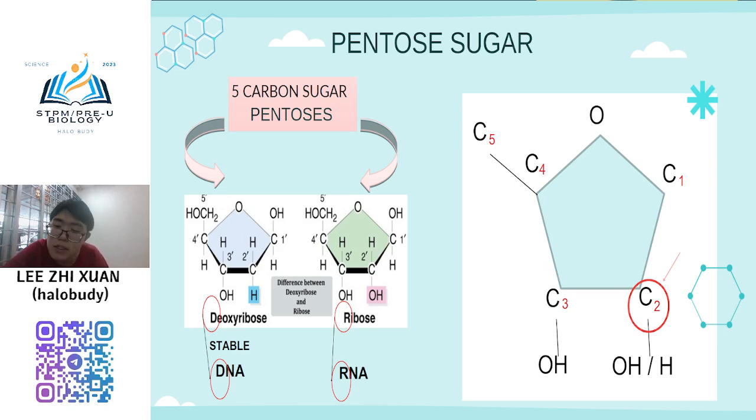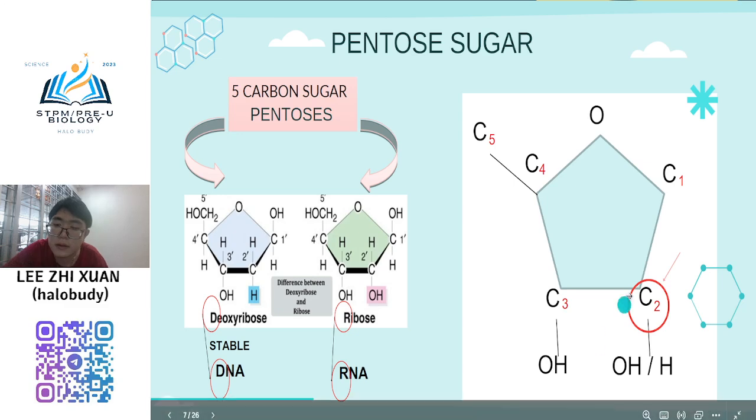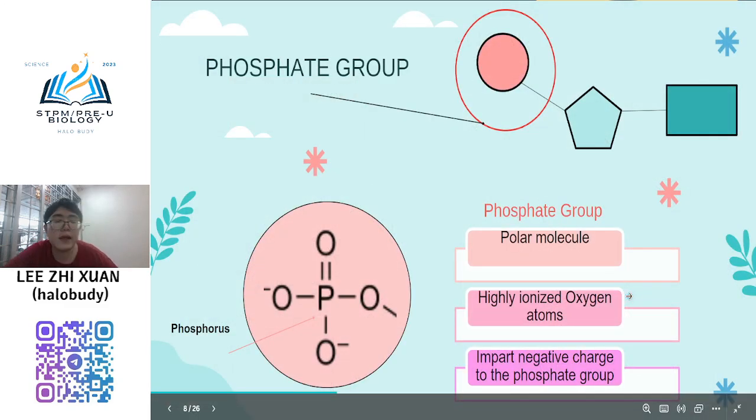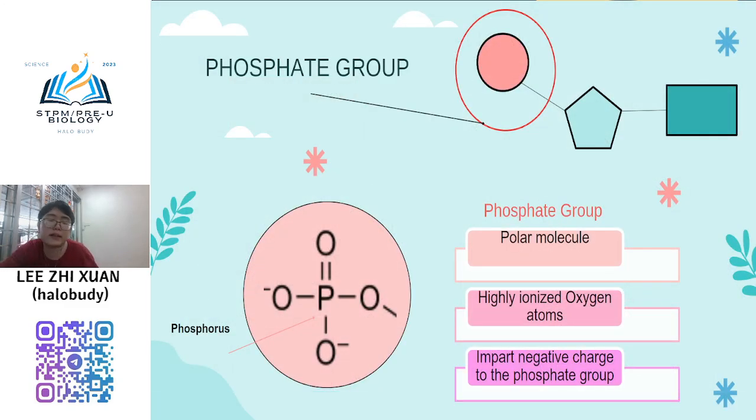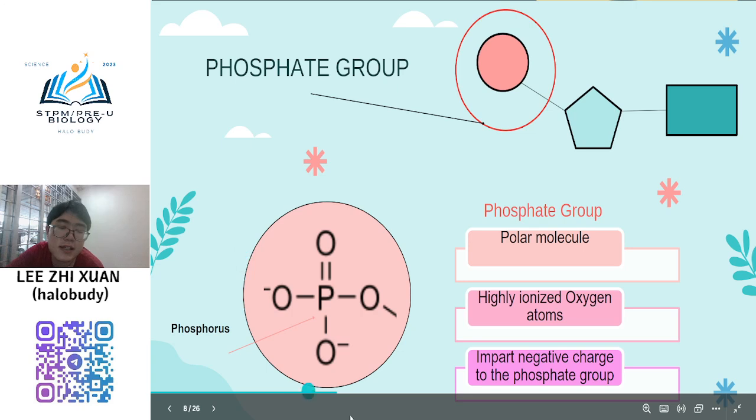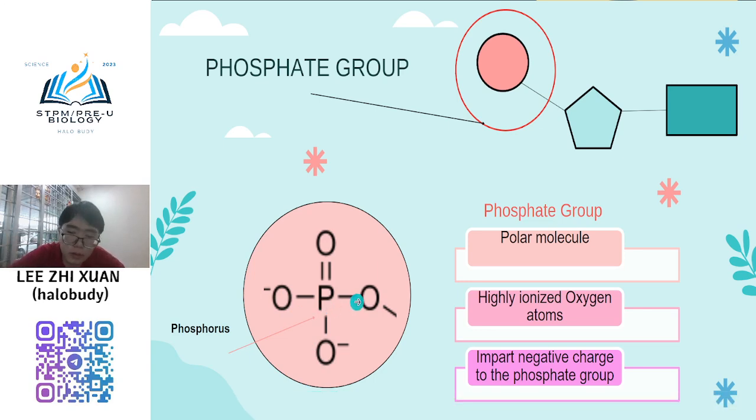Okay, next we go to the phosphate group. Just now we talked about the pentose sugar, so now we talk about the phosphate group. Whatever kind of nucleic acid, DNA or RNA, they have the same phosphate group, no difference. The phosphate group chemical structure is PO4 2 negative.